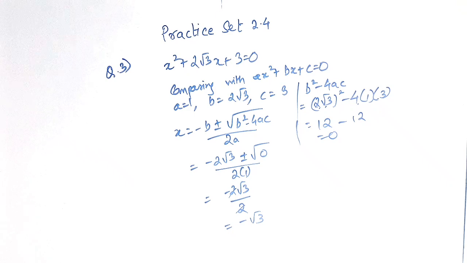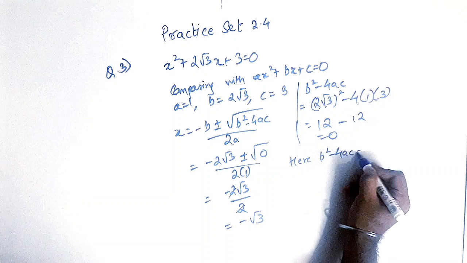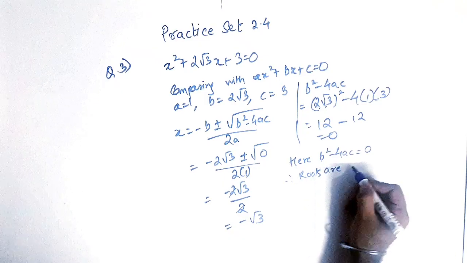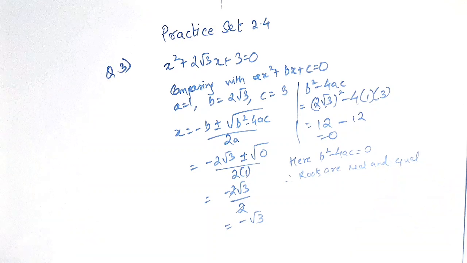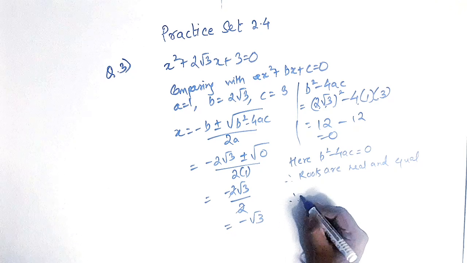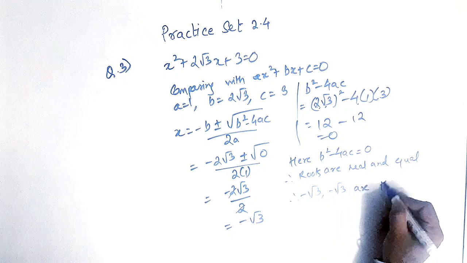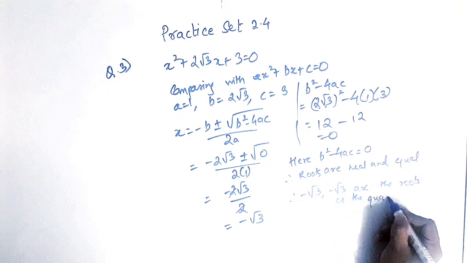Okay, so what we have to write is, here b square minus 4ac equals to 0, therefore roots are real and equal. Okay, the roots are real and equal. Okay, therefore minus root 3 comma minus root 3 are the roots of the quadratic equation.